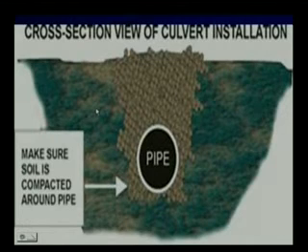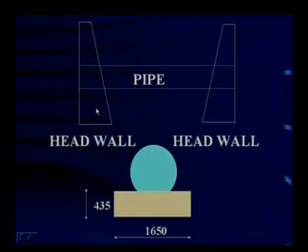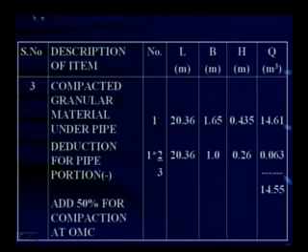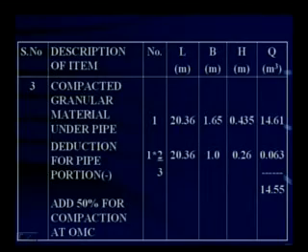Now shall we see how to obtain the dimensions? Yes, these are the head walls as we have seen. This is the pipe which is braced between the head walls. This is the depth, this is the width. Now again in a similar way we have tabulated them. How? Compacted granular material under pipe.